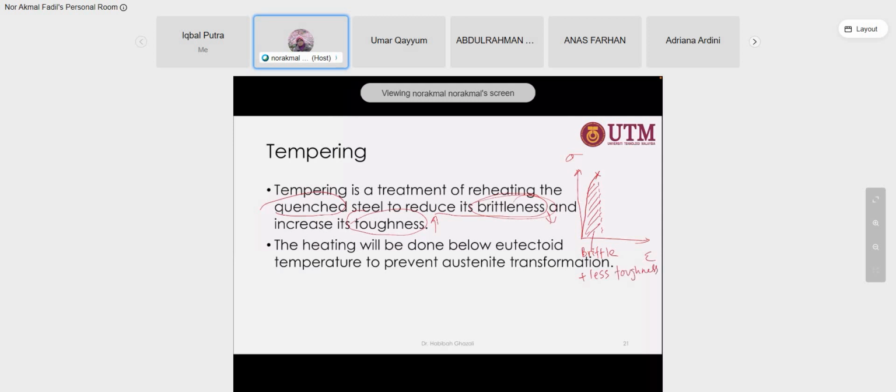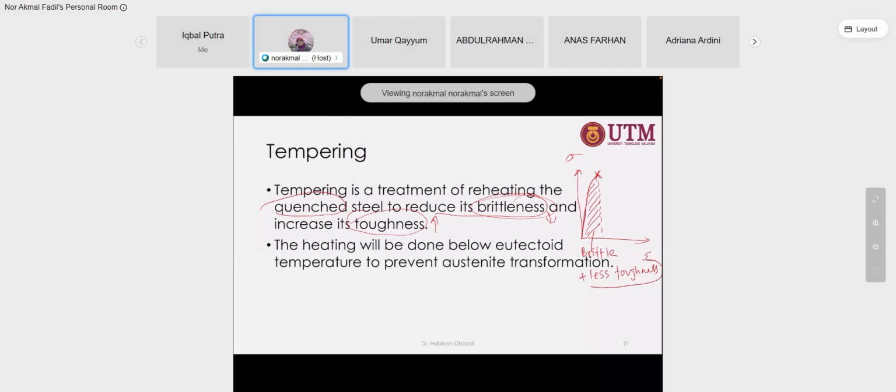Through the graph, we can interpret that it failed within the elastic region, with less plastic deformation, and the area under the curve is small, showing less energy absorption. So therefore, we want to eliminate the brittleness.